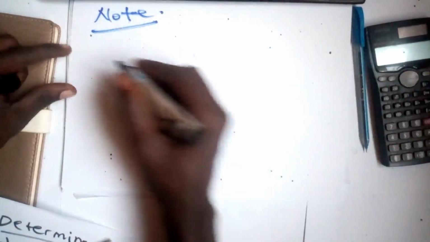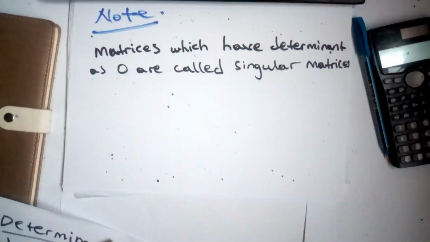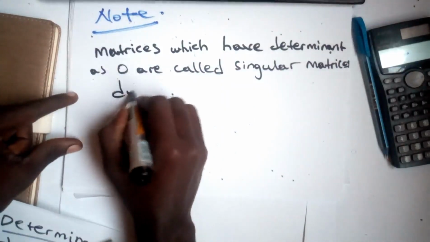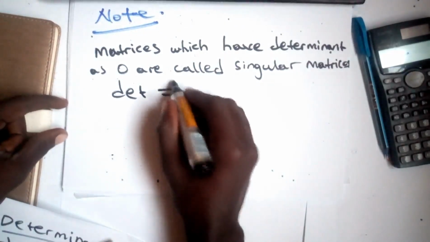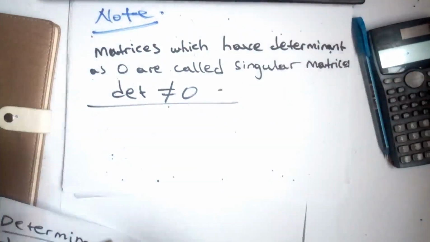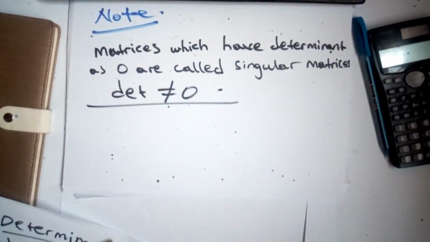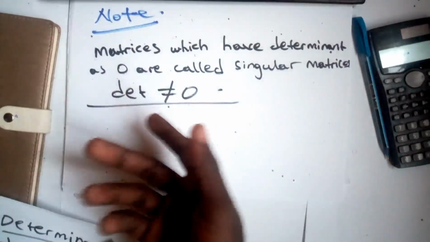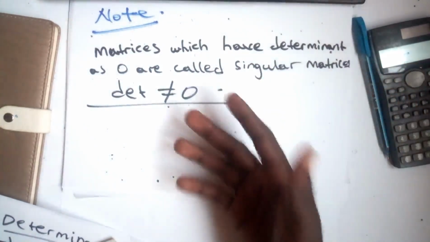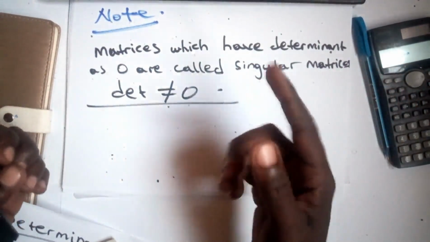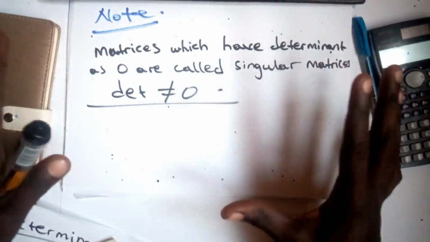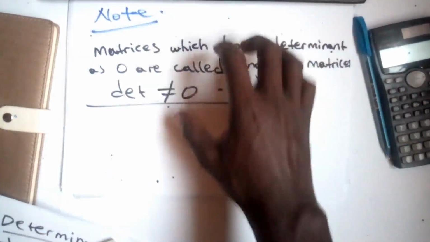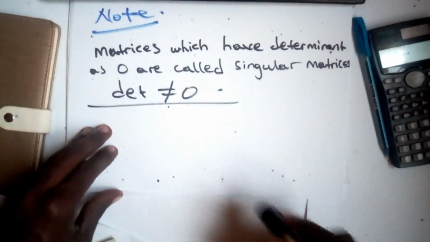Let me write it down for you. The matrices which have determinant 0 are called singular matrices. So that is the note that I wanted you to know. And the reverse is true, that those matrices with a determinant which is not 0 are non-singular matrices. So this is what we need to note down.